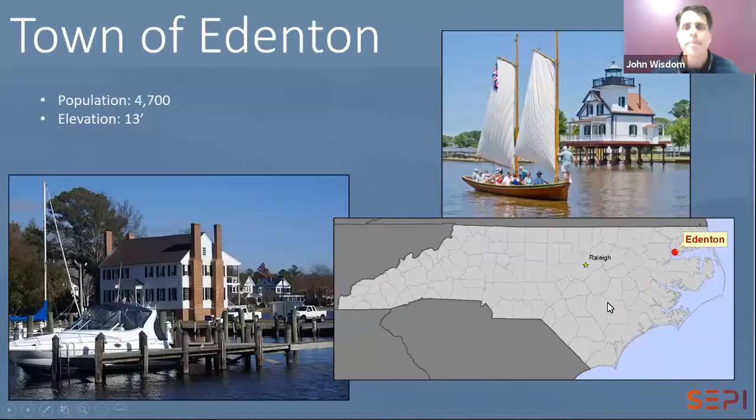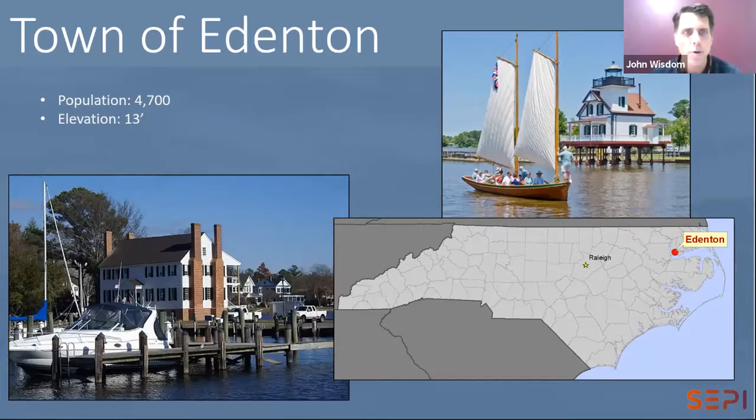If you're not familiar with Edenton, it's a small town in the northeastern part of the state. As you can see from the photos, it's right on the water, only a 13-foot elevation above sea level. So as you might expect, the stormwater system is a kind of a big deal.